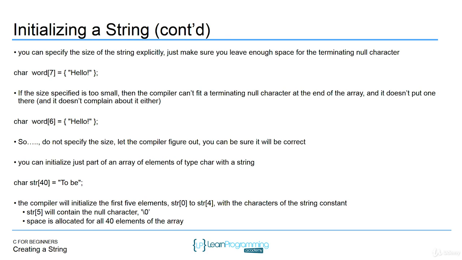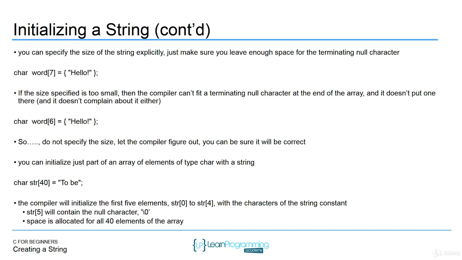Space is still going to be allocated for all 40 elements in the array, but only 5 of those are going to be used: 4 plus the null character. So again, best practice: don't actually specify a number inside the size. Just assign it a string literal using double quotes. That's what you're going to end up seeing.